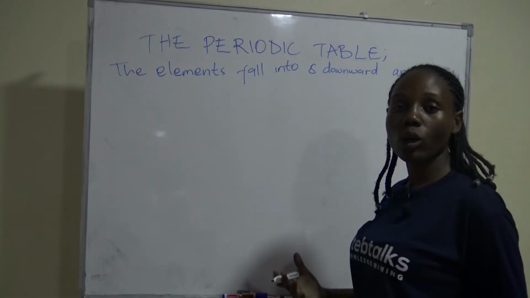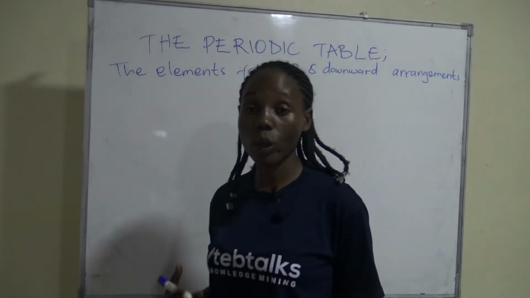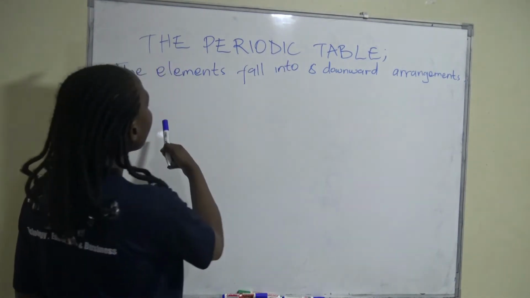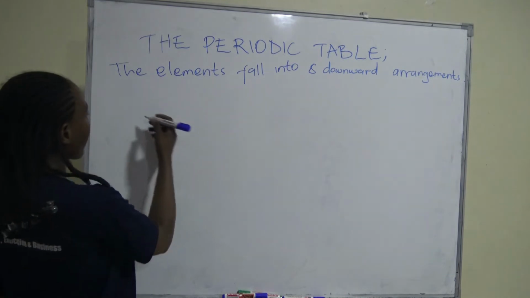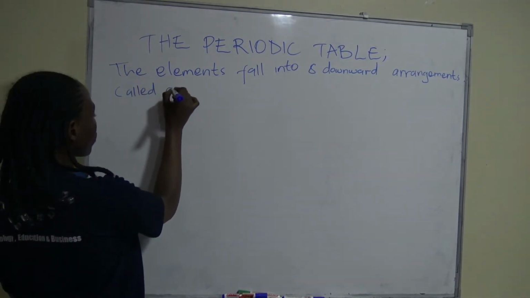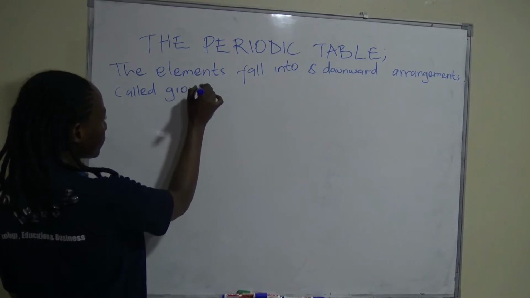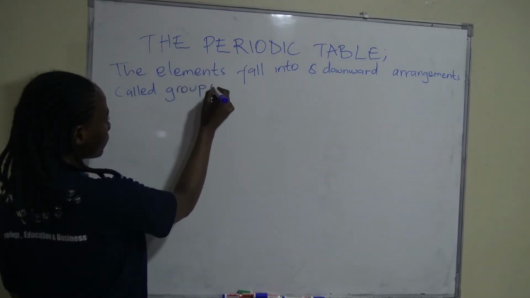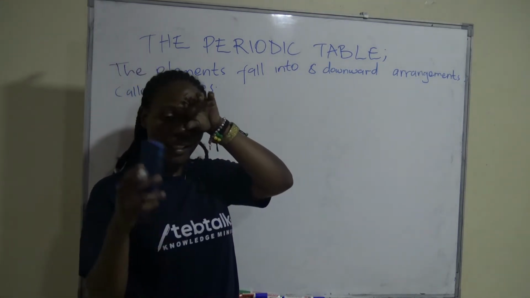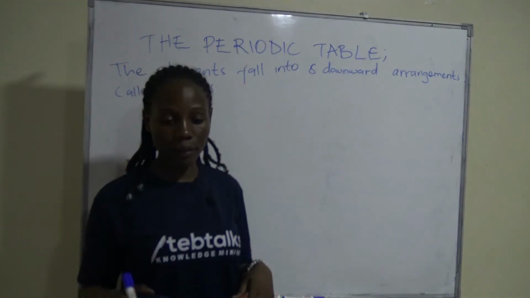And how do we call these downward arrangements? We call them groups. The elements fall into 8 downward arrangements called groups. That is the one that goes downward.